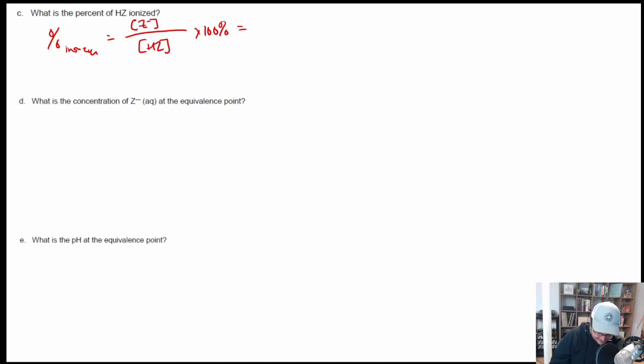So in this case, the concentration of Z minus was 3.47 times 10 to the negative fifth, divided by the concentration of HZ that we started off with, which was 0.0400, and multiply that by 100%. And so what we get is 3.47 times 10 to the negative fifth divided by 0.04, multiplied by 100.